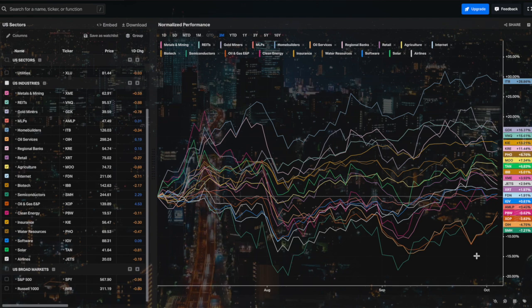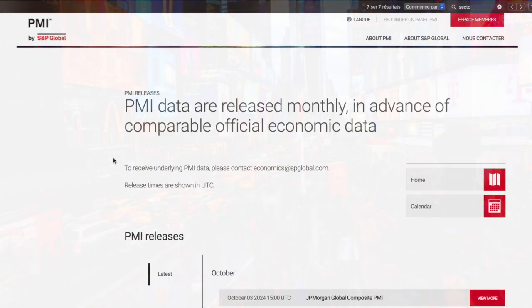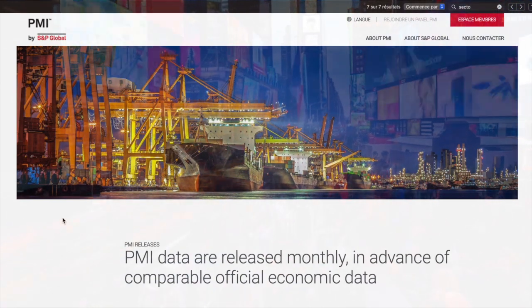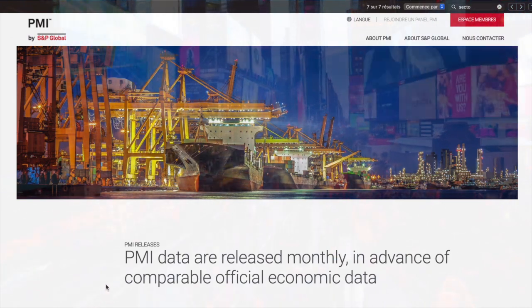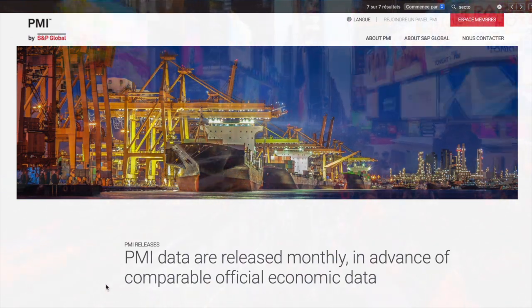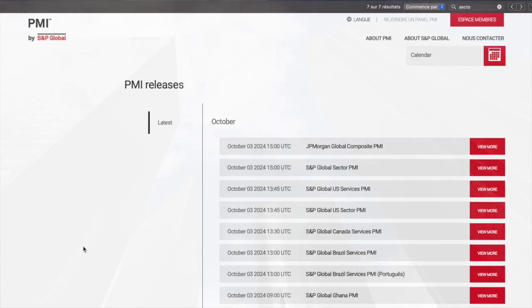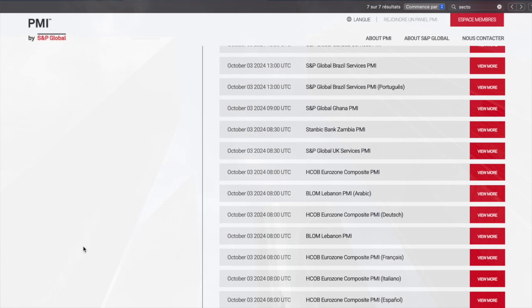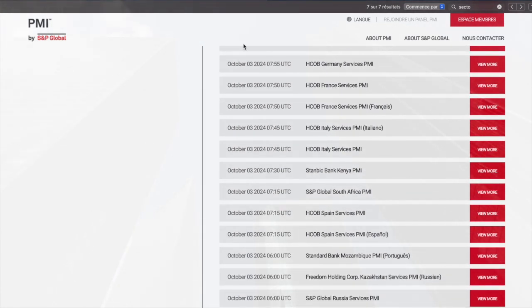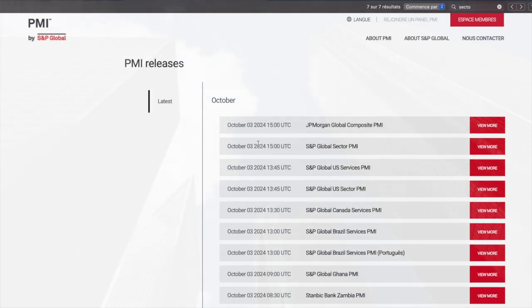And anyway, I'm getting a bit carried away here, but my point is, if you go to try and type PMI S&P Global on Google and try to find this page, the press releases of the PMIs. And here you'll have a list of PDFs that is a flow that comes in, right? Today was October the 3rd.